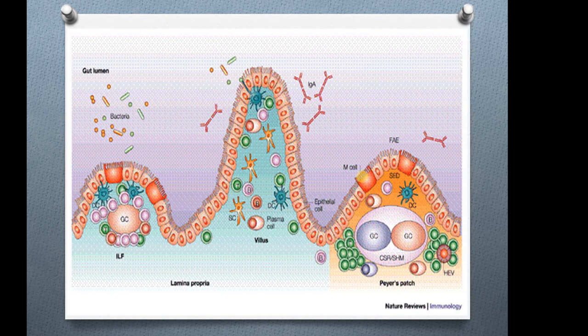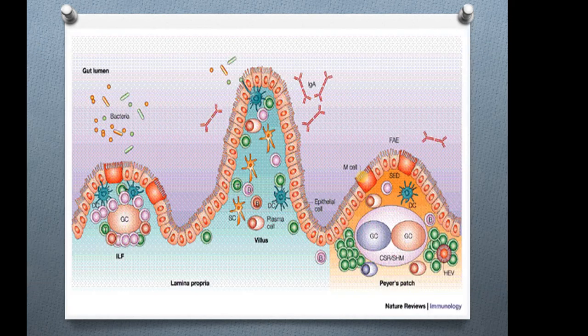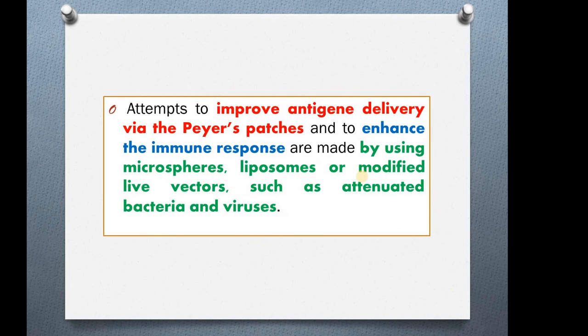So there is an attempt to improve antigen delivery via Peyer's patches and to enhance the immune response, made by using microspheres, liposomes, or modified live vectors such as attenuated bacteria and viruses.